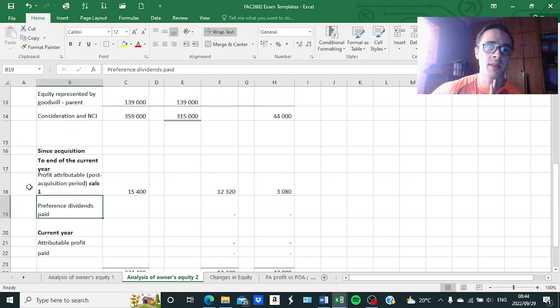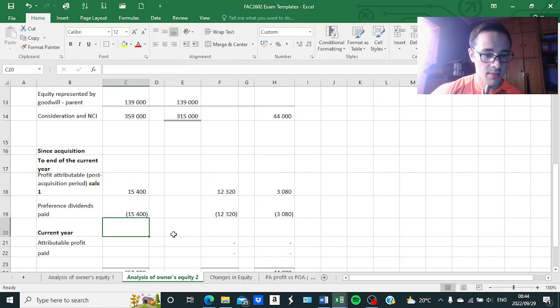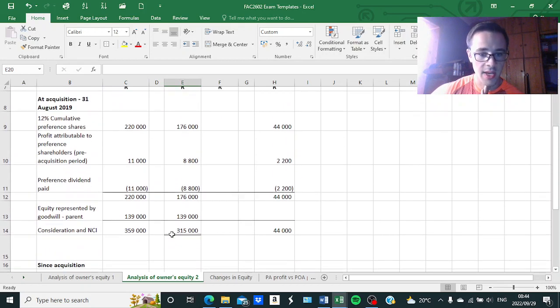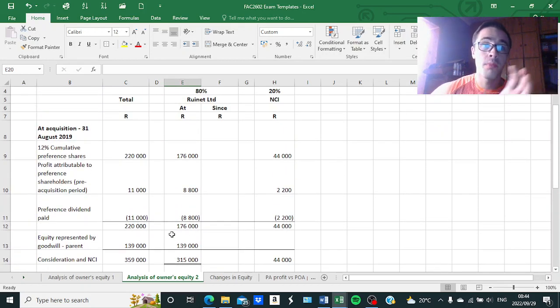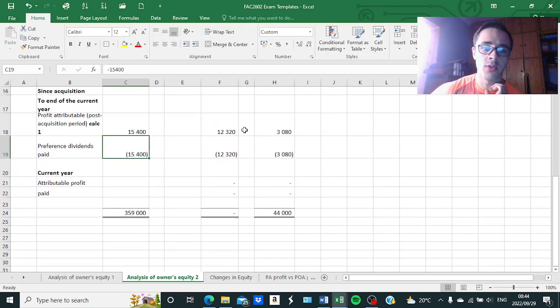And then we need to show that the preference dividends were declared. These dividends are not in arrears. We have declared the preference dividends of 15,400. If it was declared or paid, you need to subtract it again to show that the preference dividends are not in arrears. Therefore, we will not transfer this amount to the following financial year.